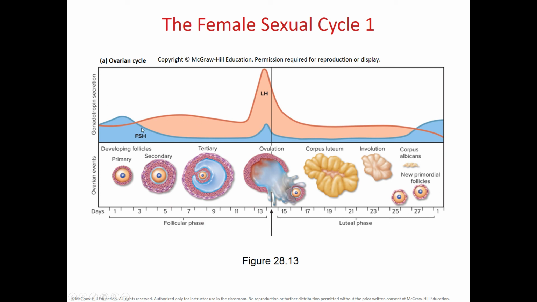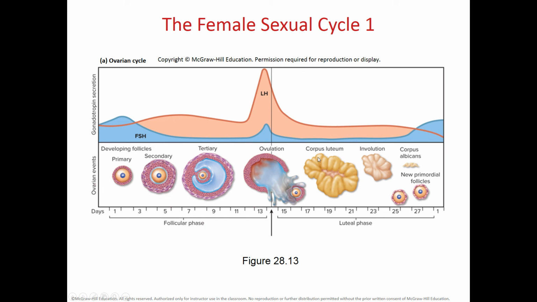And these are the hormones that influence the development of the primordial follicles. So you have FSH, follicle stimulating hormone, that is released by the anterior pituitary gland, that makes these primary follicles grow into secondary and then into tertiary. And then with the surge of LH, this mature oocyte will be released at day 14, and then the corpus luteum will form, secreting progesterone.